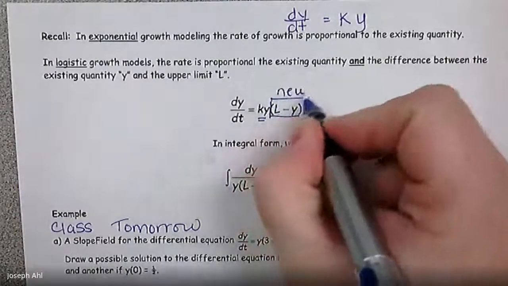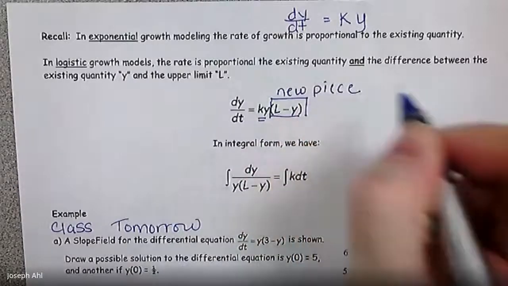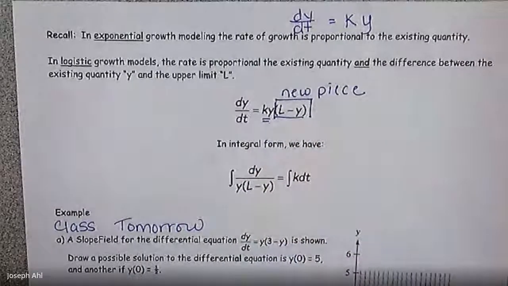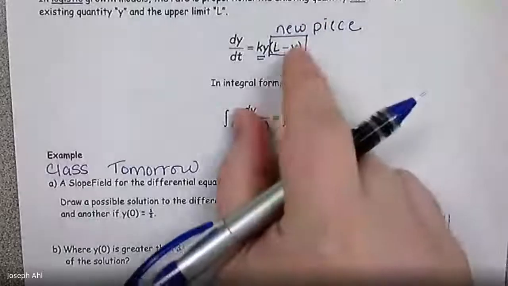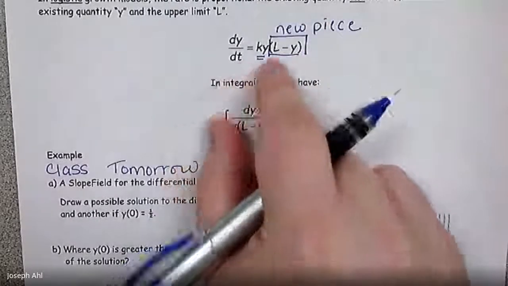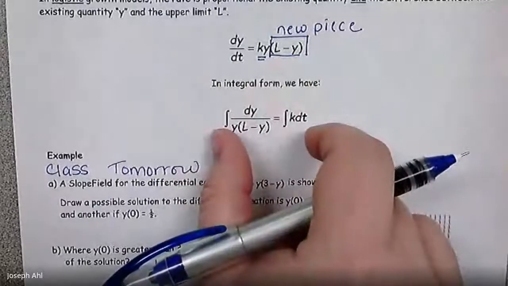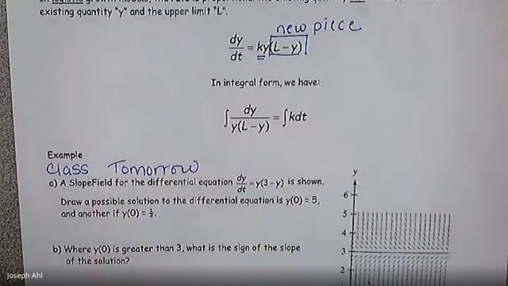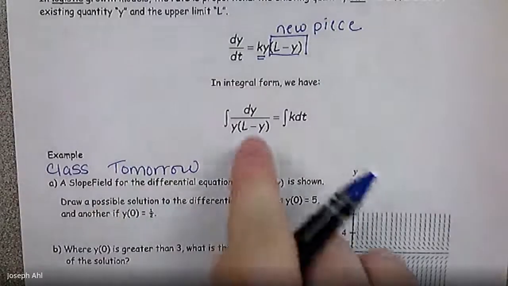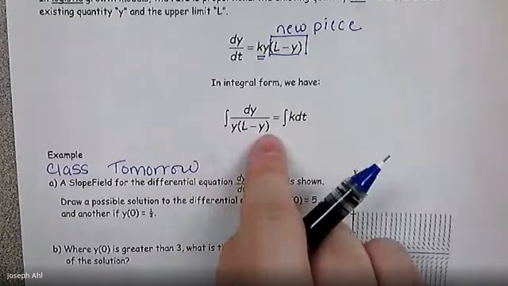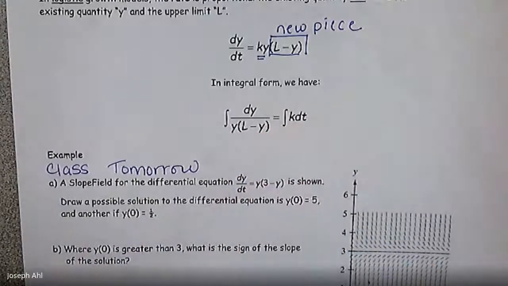So this is the new piece that gets added on. And in integral form, if you separate this and write it as an integral, you get something that looks like this: dy over y times (L minus y), that upper limit minus y, and on the other side, k dt, okay?